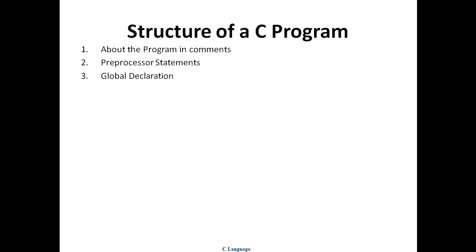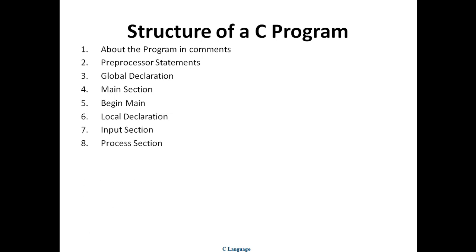The structure of a C program starts with the comments, then the preprocessor statements like hash include, then the global declaration, and then main: begin, local declaration, input section, process section, output section, end of main.